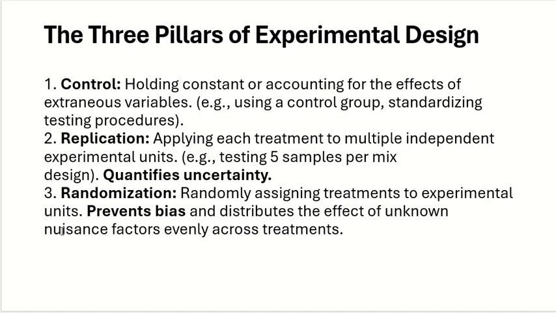Treatment could be some sort of bolt, some sort of covering, membrane. This can be done after the beam is cast. But what if I'm applying a new additive? I have to do it at the time of casting, right? So where is the randomization in that? How do I randomize that?